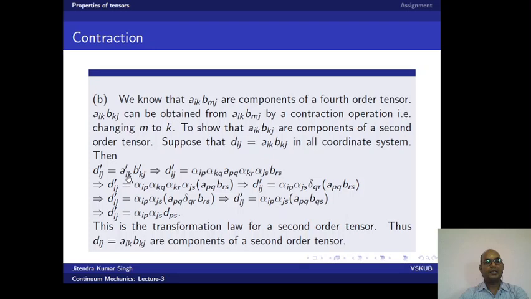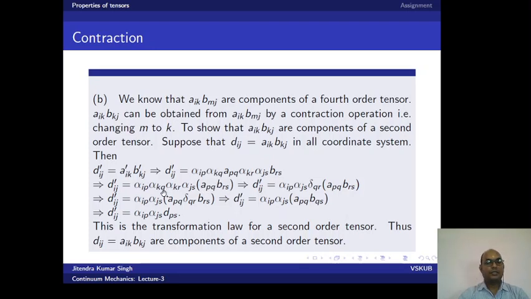So we can write Aik dash is equal to alpha ip alpha kq Apq, and Bkj dash we can write as alpha kr alpha js Brs. Therefore this Dij dash is equal to alpha ip alpha kq alpha kr alpha js Apq Brs.